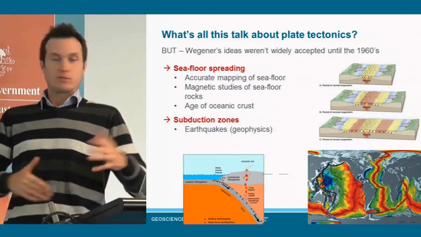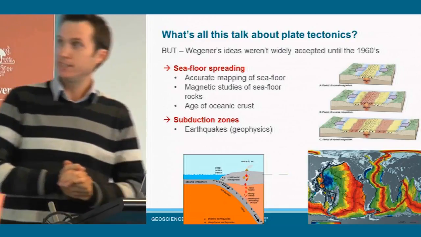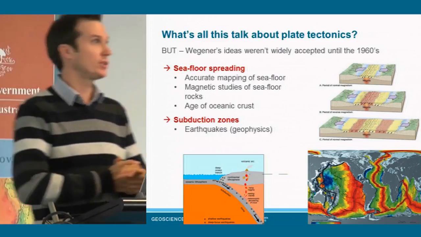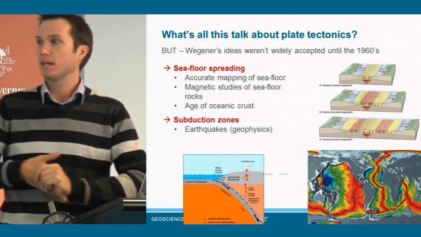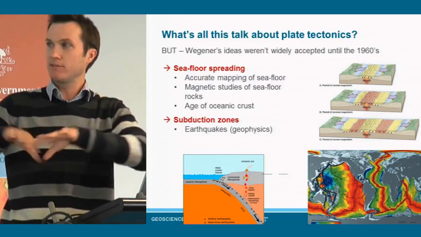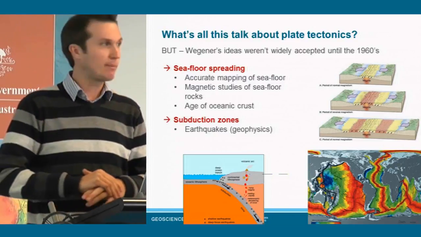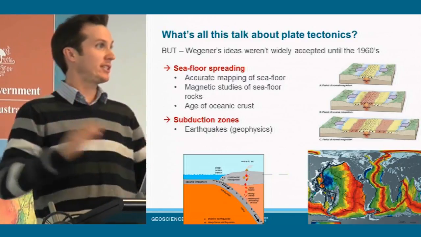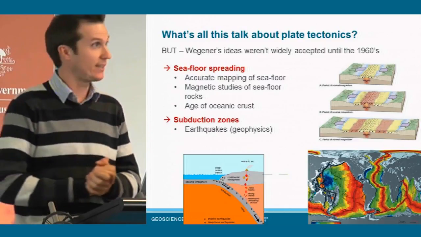At a similar time, geophysicists were starting to image what happens away from these divergent margins, and seeing what happens when the oceanic crust actually subducts. Remember, it's a lot denser than the continental crust.